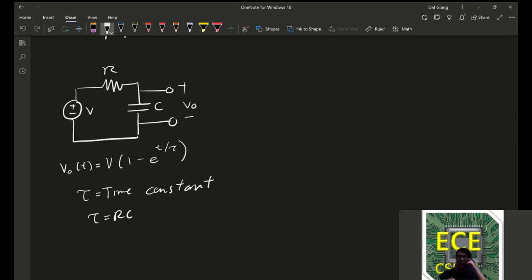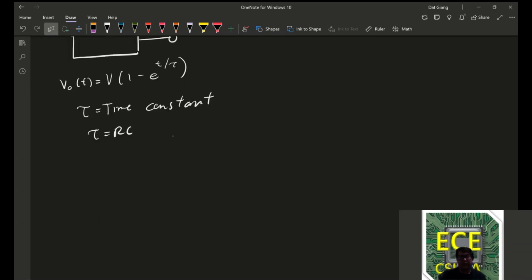To describe what a time constant is, it's the value for how long it takes to charge a capacitor up to 63% of its total value, or equivalently, for current to drop down to 37% of its initial value. Now, why these numbers specifically? If we let t equal tau, then we have 1 minus e to the negative 1, which is roughly 63%.